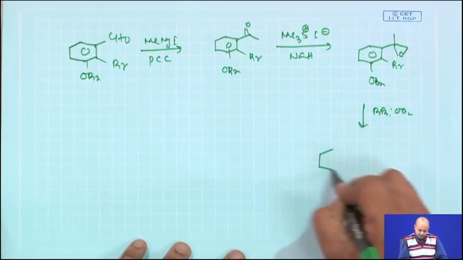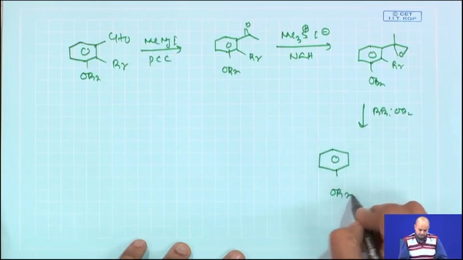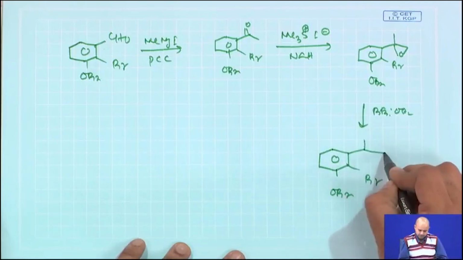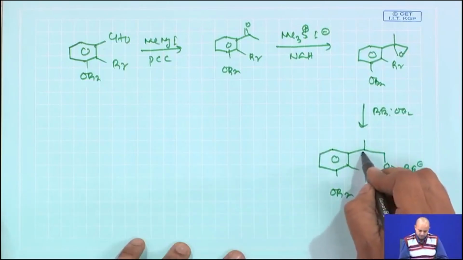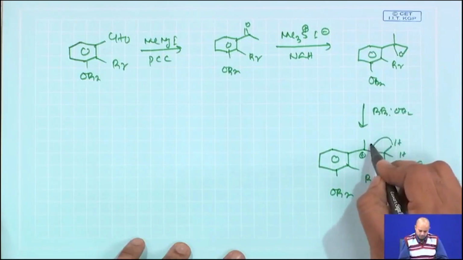So, initially you open up the epoxide, O, BF3 minus, you have these things. There are two hydrogens, one hydrogen migrates here.